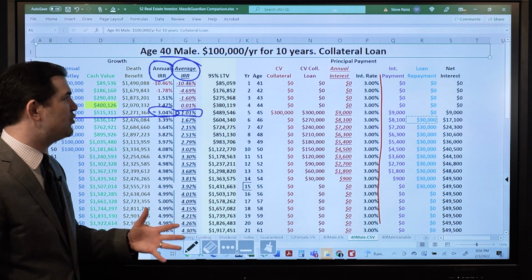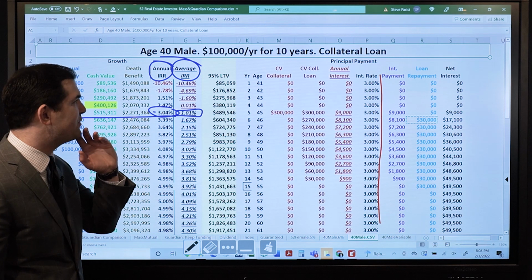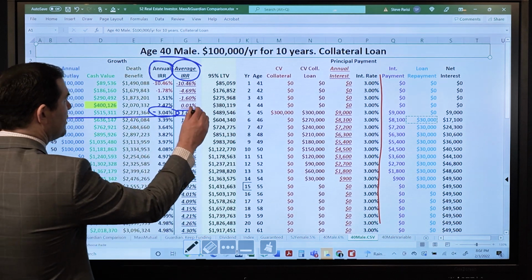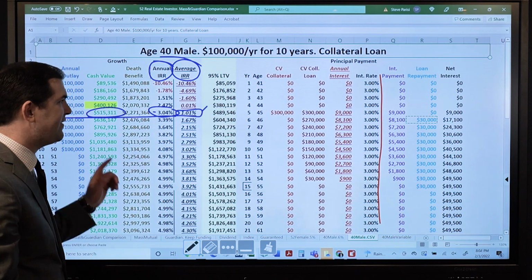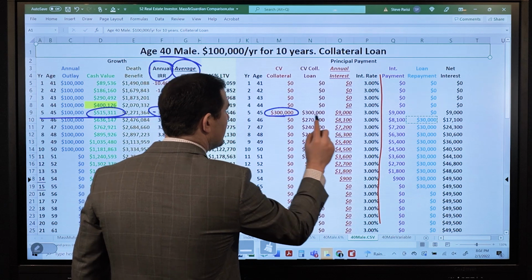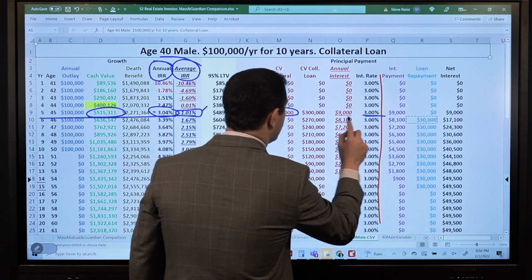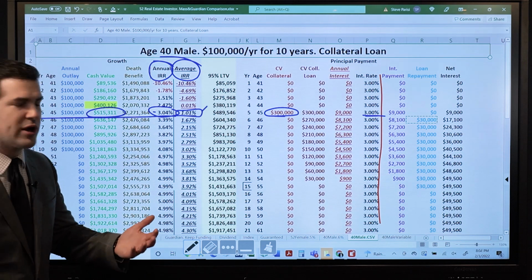When I look at the average, I like to look at it, and a lot of people do, the average IRR, that's 1% on your total bucket of money, the $515,000, where you've paid in $500,000, versus over here, I've got the 3% only on the $300,000. So it's good to look at both.